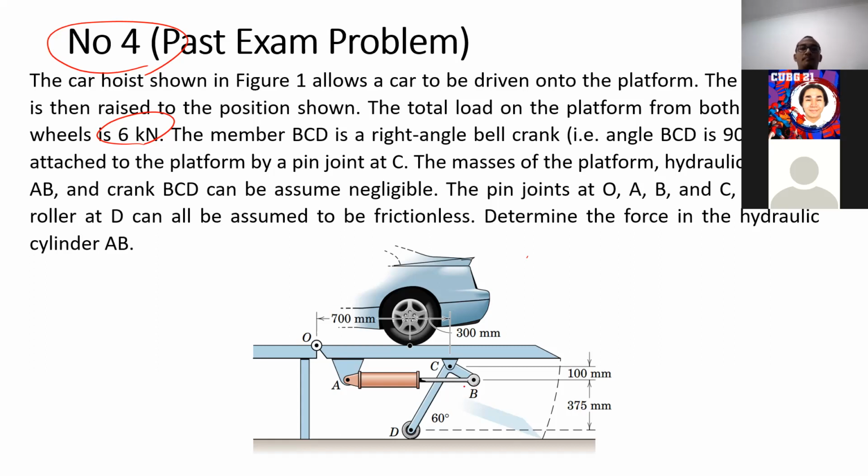Then we have a beam BCD, 90 degrees, and there is a frictionless roller here, so there is supposed to be a normal force there.